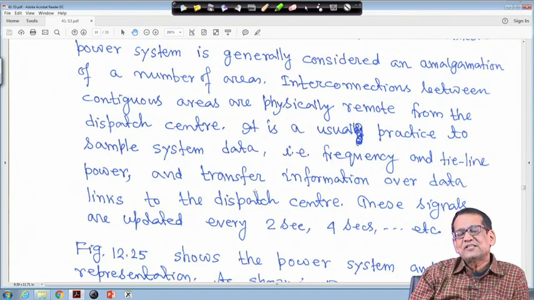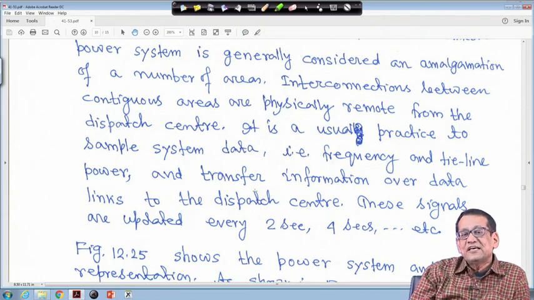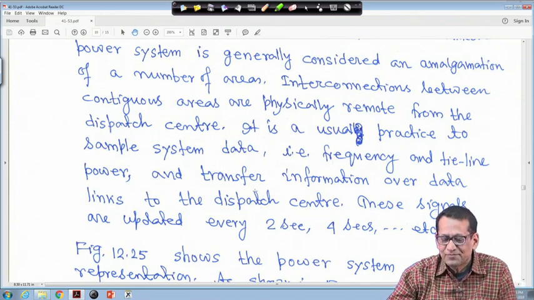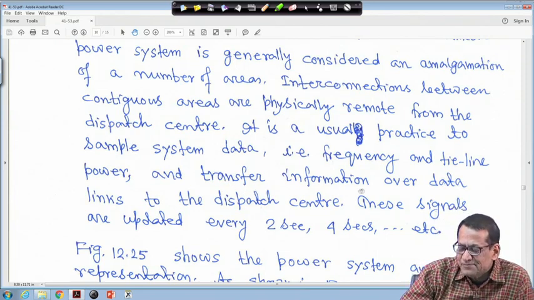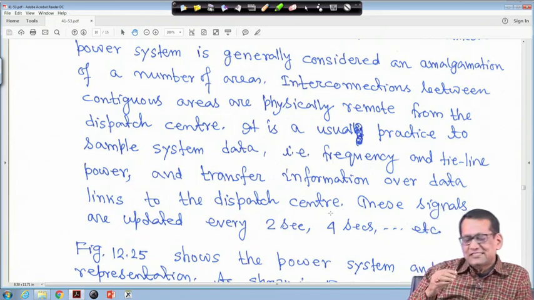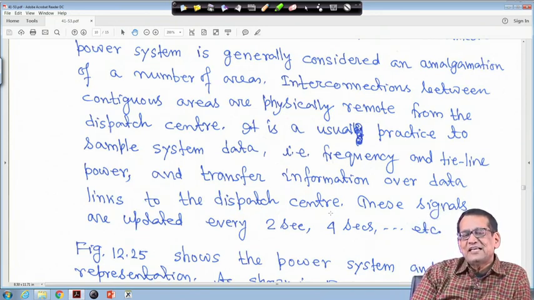You have to sample the frequency and tie power and combine them. At every sampling instant you sample the area control error for each area and transfer this information over data links to the dispatch center. There is some delay associated with that, but it is very small and we will not consider it.